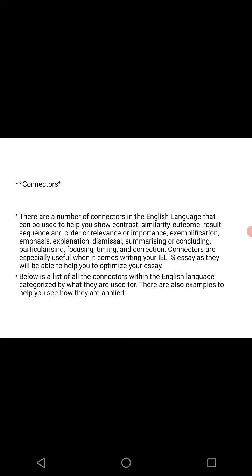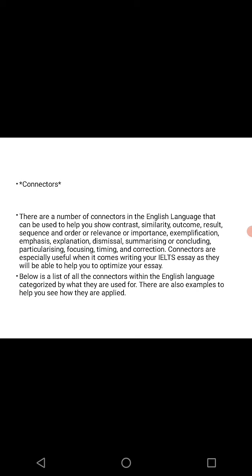Now, the connectors. There are a number of connectors in the English language that can be used to help you show contrast, similarity, outcome, result, sequence and order, relevance and importance, exemplification, emphasis, explanation, dismissal, summarizing or concluding, particularly focusing, timing, and correction.